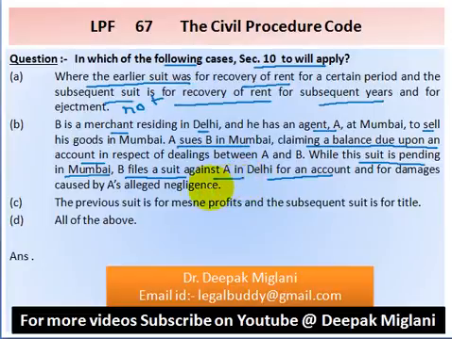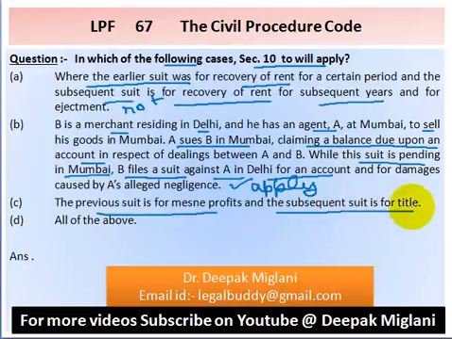In this situation, section 10 applies. Option C, previous suit is for mesne profits and subsequent suit is for title. In this situation also section 10 will not apply. So answer is option B. B is the answer.